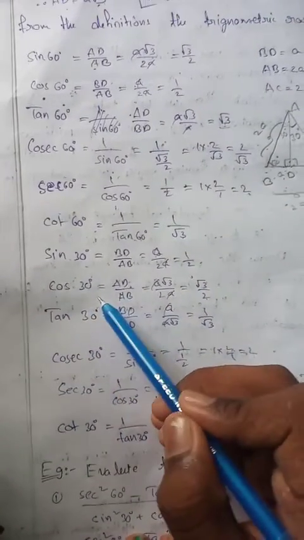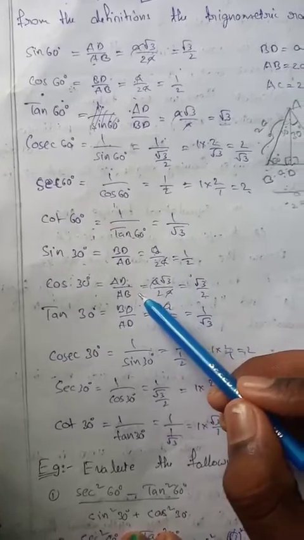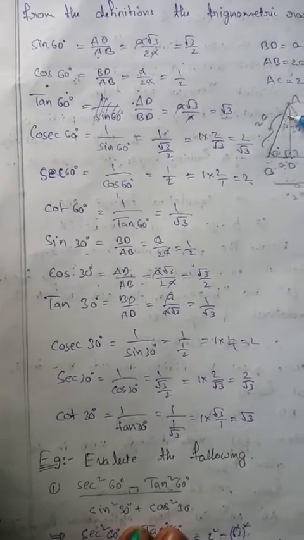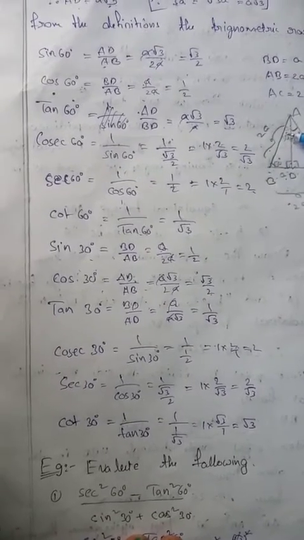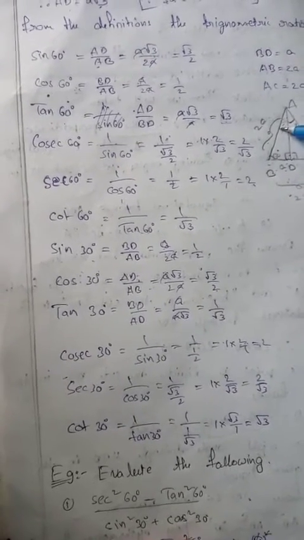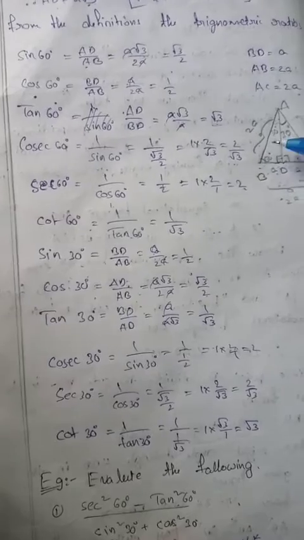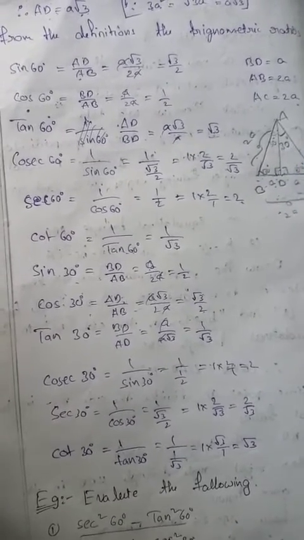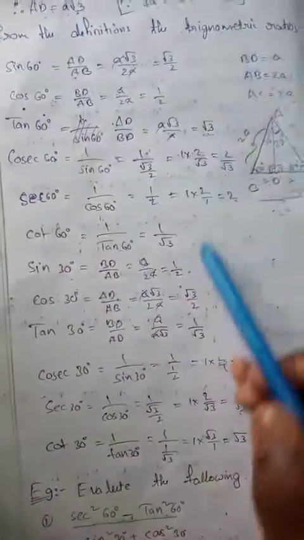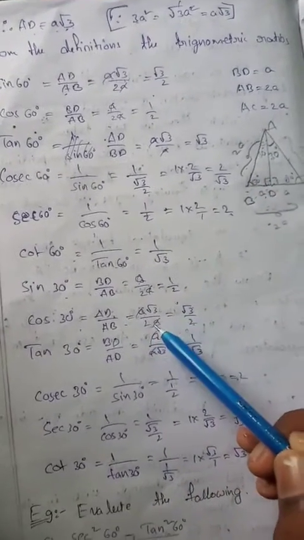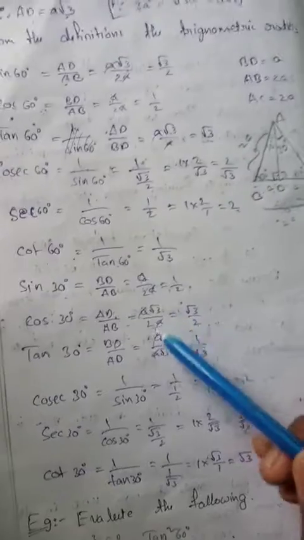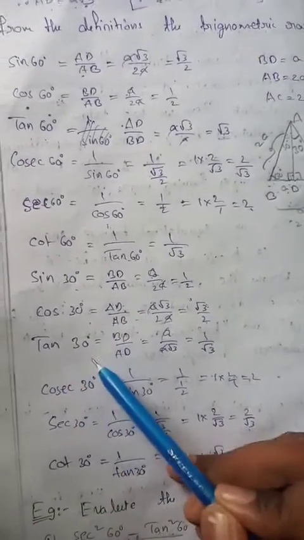After that cos 30. Cos 30 means adjacent side by hypotenuse. Here AD value is A root 3, so A root 3 by 2A. A cancelled and root 3 by 2 came. And after that tan 30.